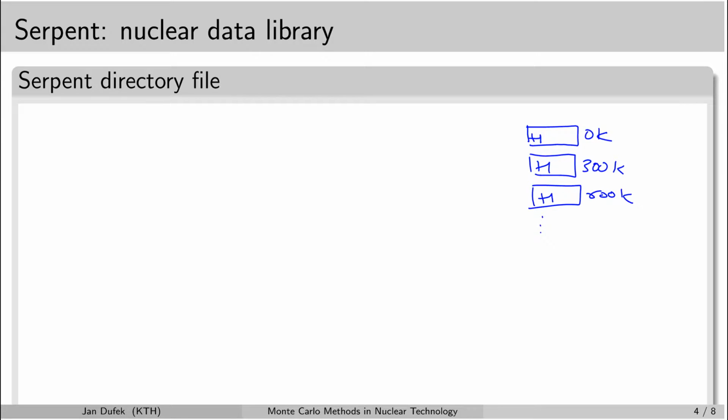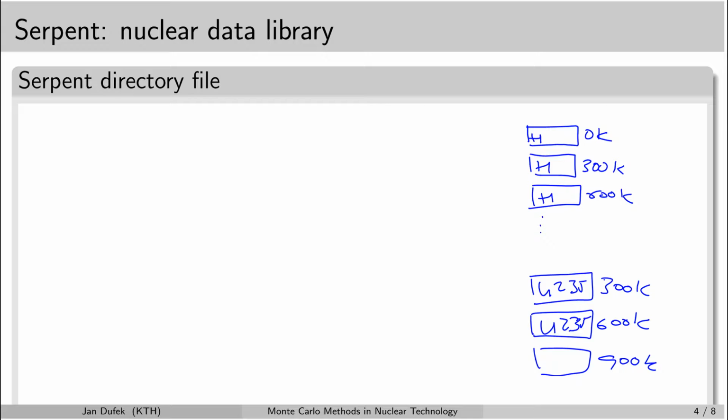For every possible nuclide we have a number of files. So we also have files for uranium-235. You will have a number of files for different temperatures, for 300 kelvins, 600 kelvins, 900 kelvins, and so on.